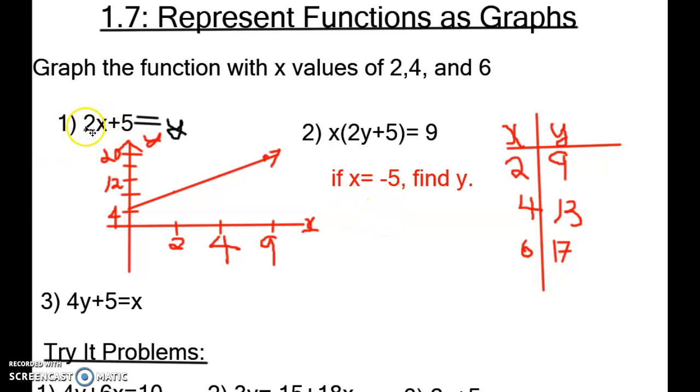So -5 times 2, that's -10, plus 5, that would be -5. So your y value would be -5.